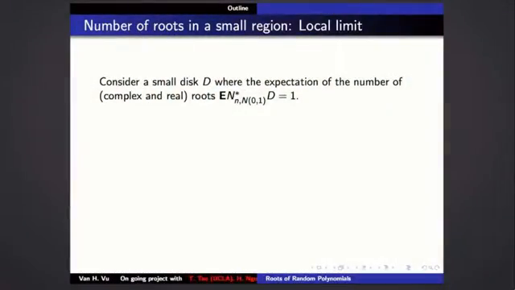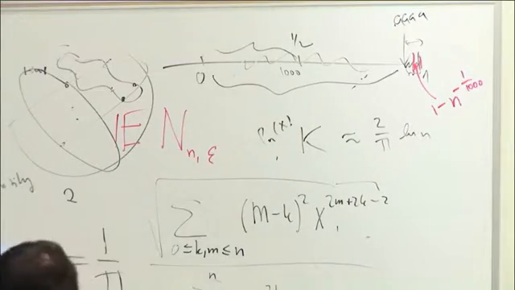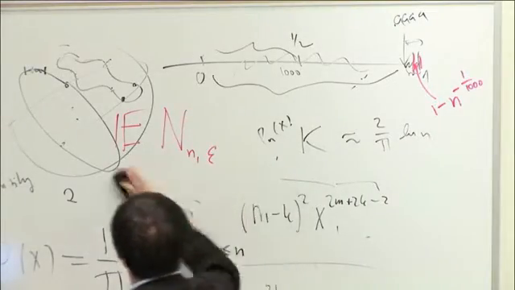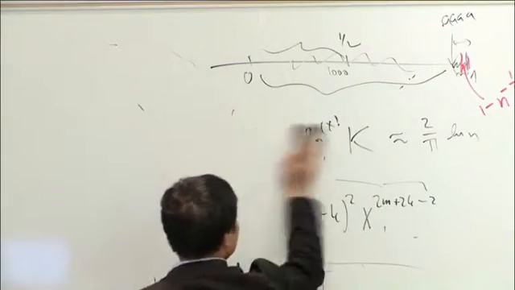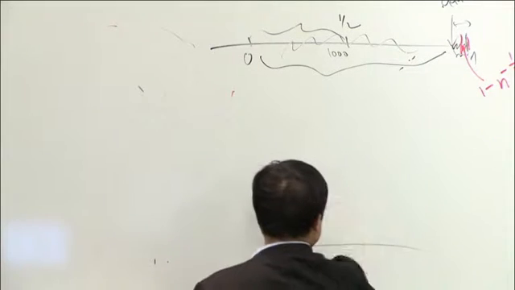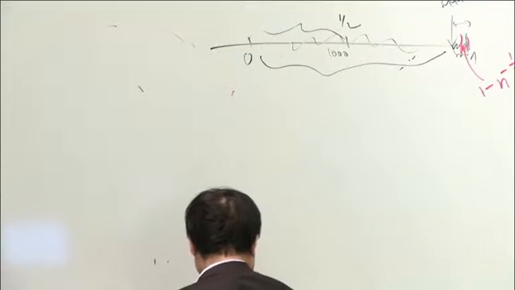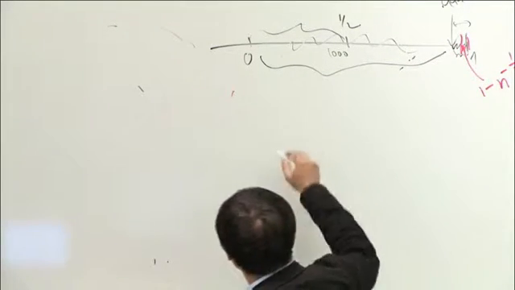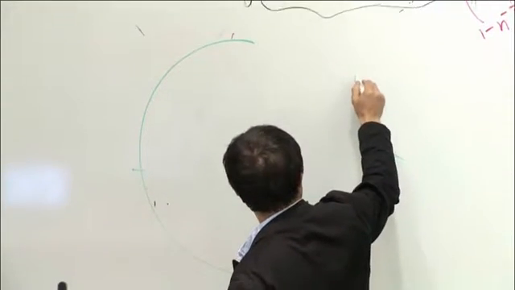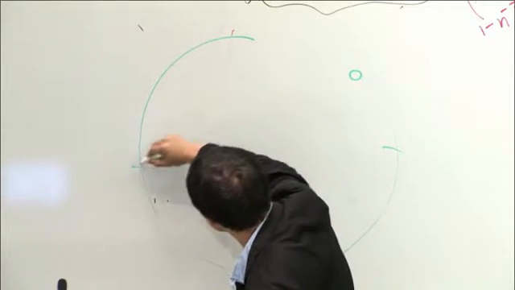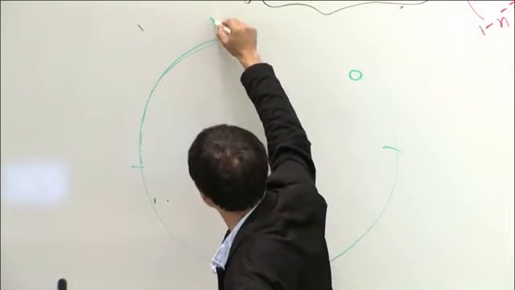So that's what I just mentioned to you, that we look at the local limit now. So we have this picture. We have a huge circle. And now we look at just a small region, right? Near this circle, we expect to see n roots.